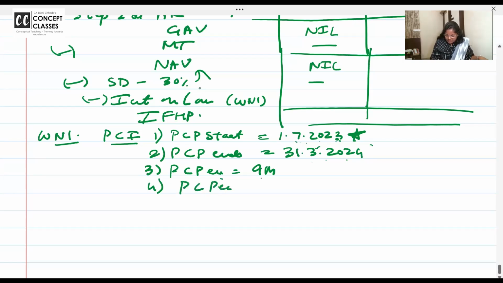Now the interest for the pre-construction period. How much is the loan B has taken? 12 lakhs at 10%, 9 by 12. Any doubt?